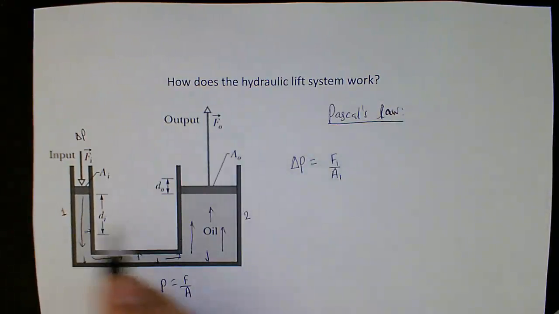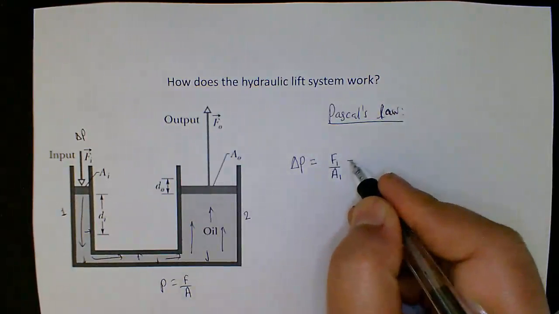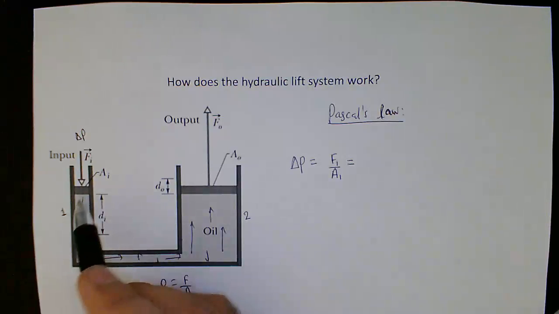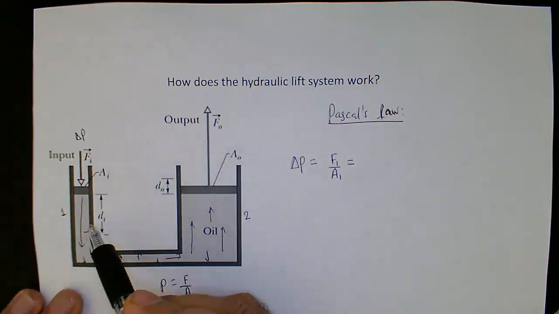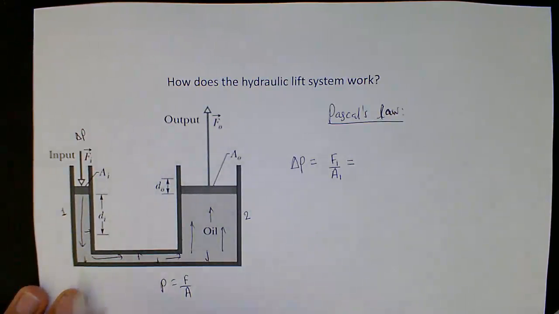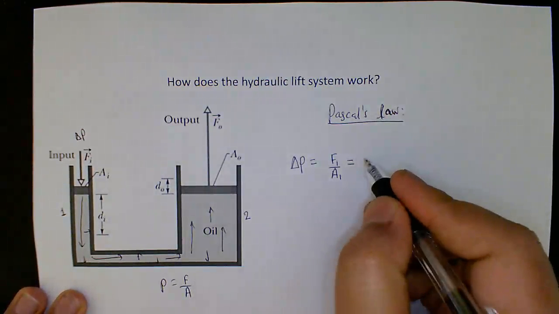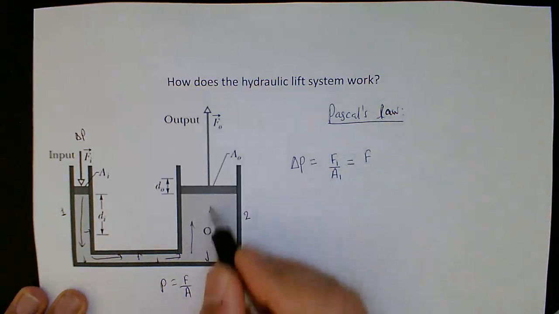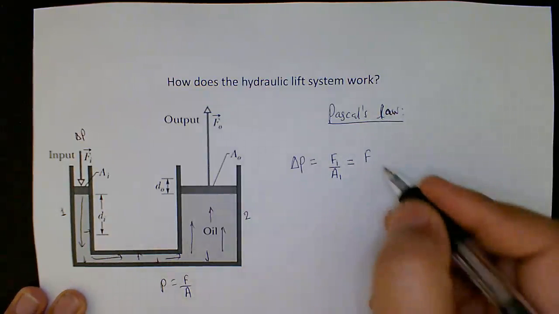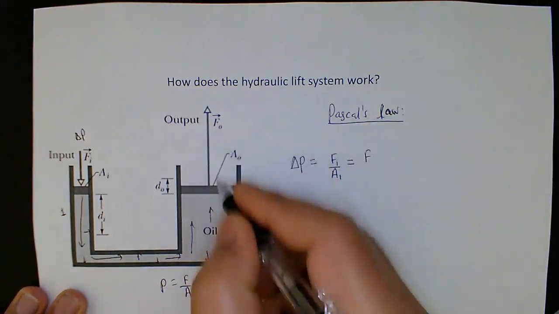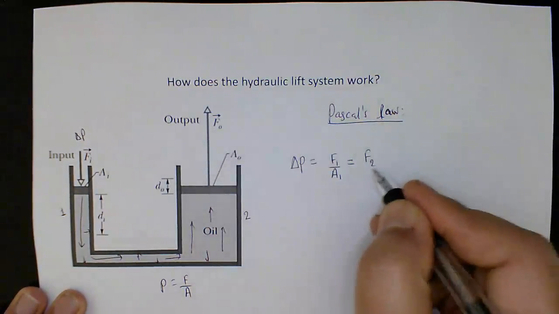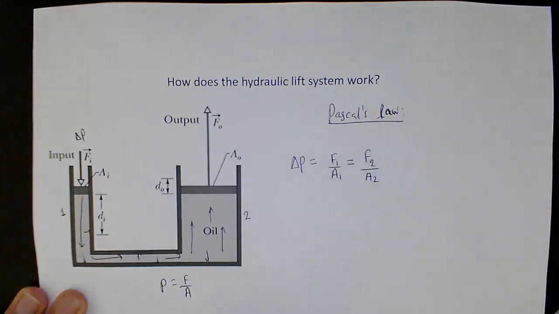The cross-sectional area is different, but the pressures must be equal, right? Any change in pressure you exert will be equally transmitted in all directions. So it has to be equal to the pressure transmitted in this wider tube as well, which is F2 over A2.